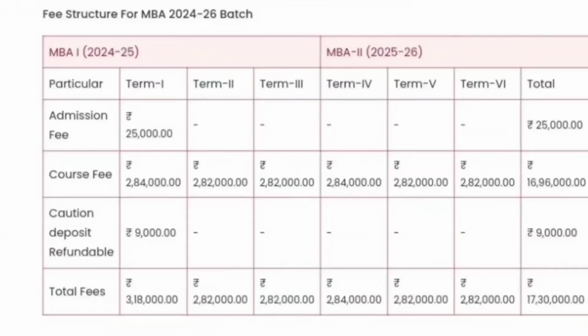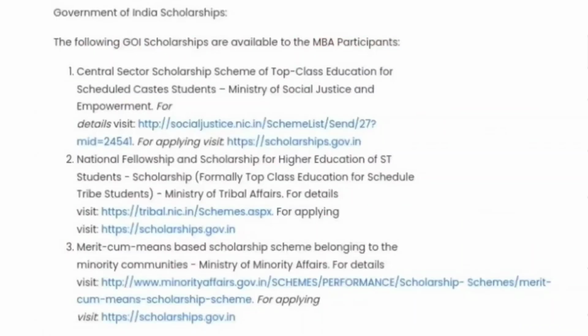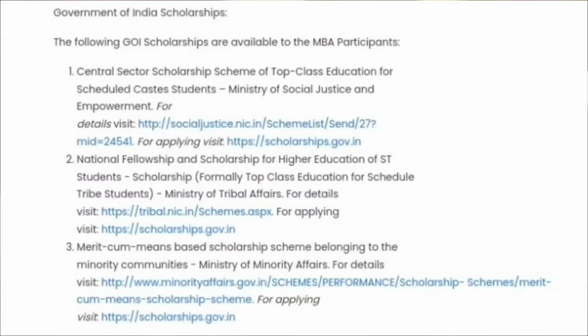If we consider the overall fee structure for the Indian Institute of Management Kashipur, then it is nearly 17,30,000 rupees. There are different scholarships also available for IIM Kashipur. There are different Government of India scholarships. First is the Central Sector Scholarship Scheme of Top Class Education for Scheduled Caste students, Ministry of Social Justice and Empowerment.